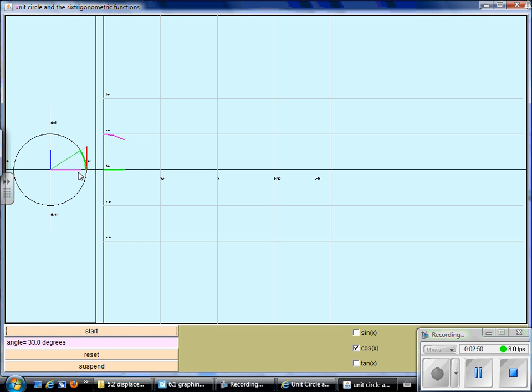Notice the pink is getting smaller and smaller until we get to 0, which happens for cos at 90 degrees. And then what happens, we know from CAST that cos is negative in the second quadrant. And notice the graph is going negative. Then it stays negative, but the numbers start to get larger again until we get to 270.